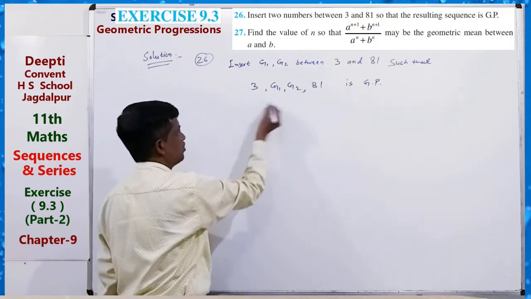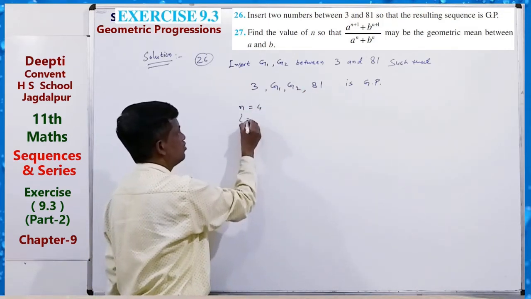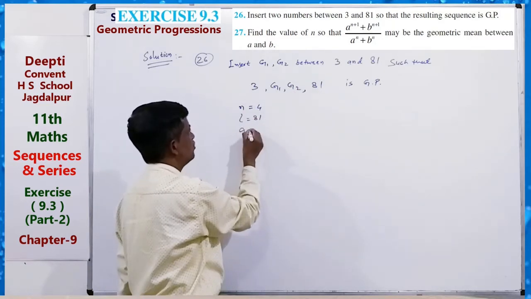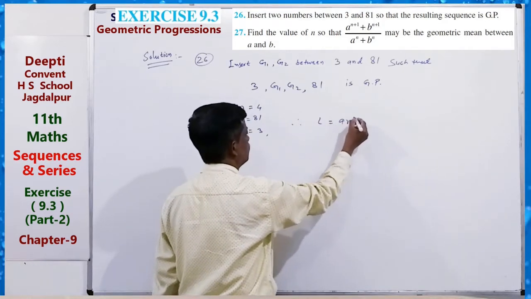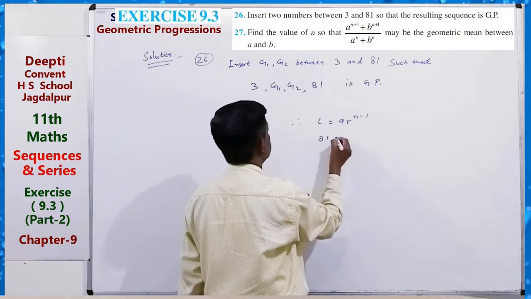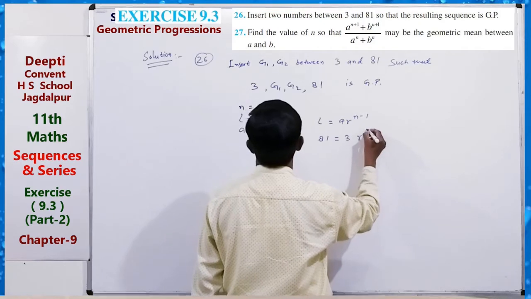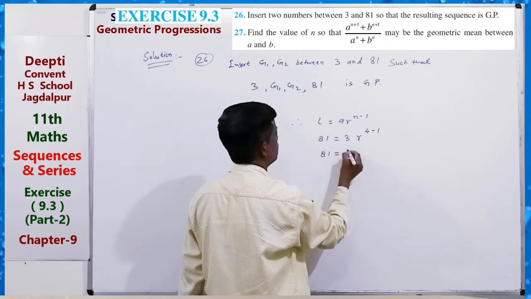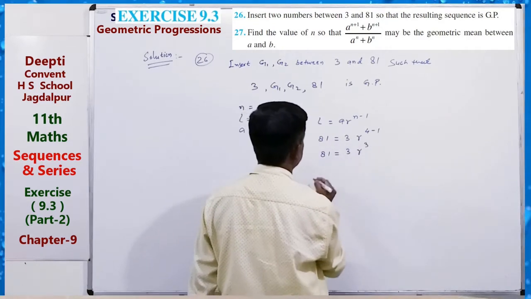Last term, number of terms n equals 4, L equals 81, and a equals 3. Therefore, L equals a r to the power n minus 1. So 81 equals 3 r to the power 3.